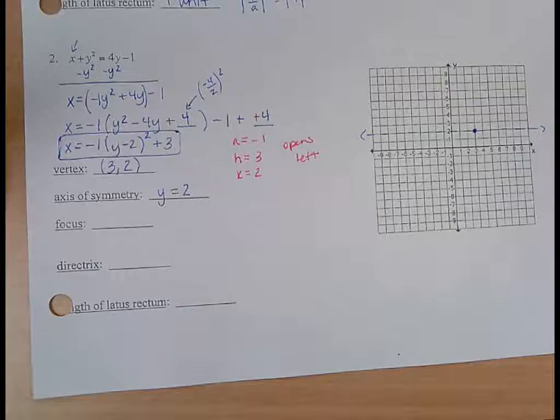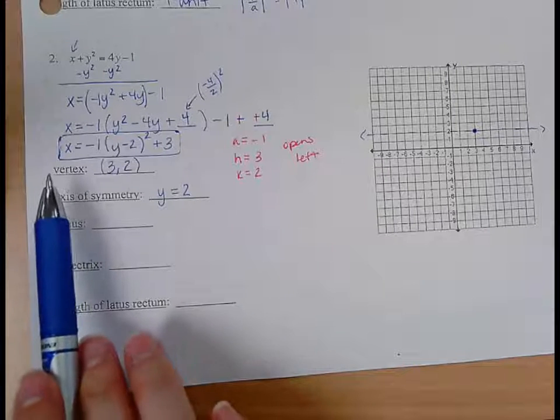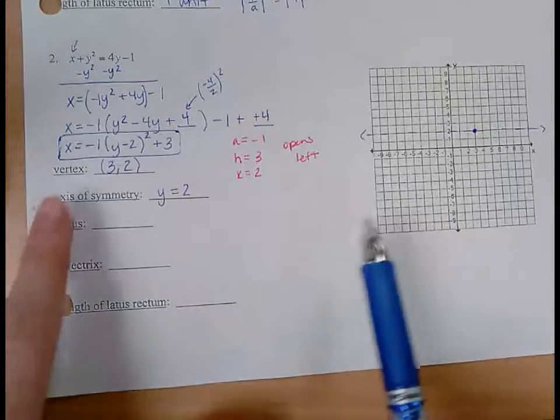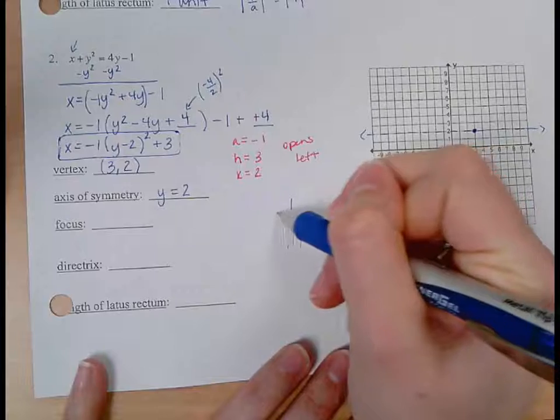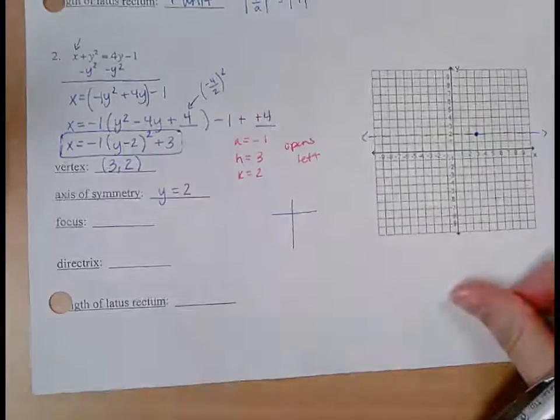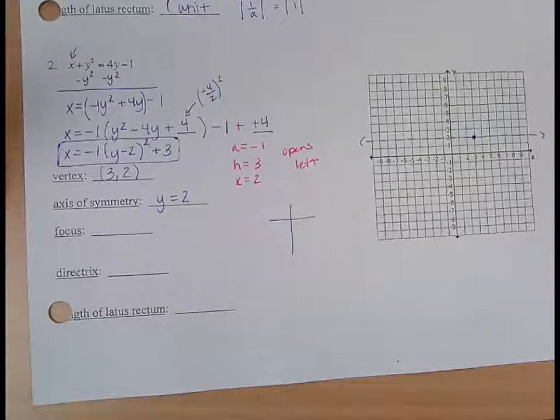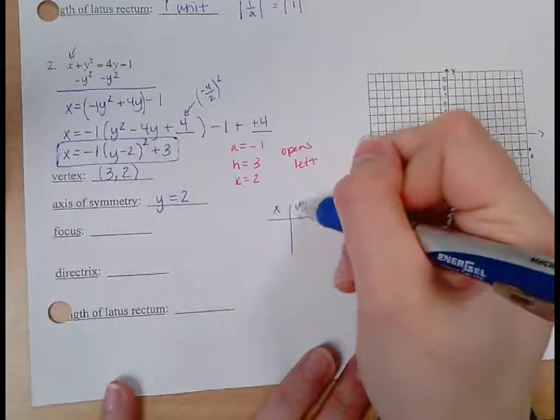Okay, then again, before I find focus, directrix, and the length of latus rectum, I want to get 2 other points. Now, when you make the table for these, this is opening sideways. Looking at this equation, if I set up a table, does it make sense to, well, I can still do x, y here.